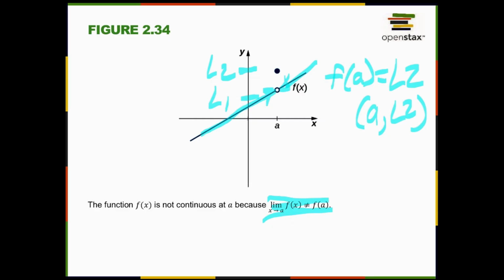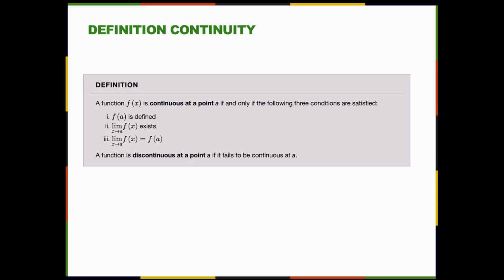So that's the third condition that we need to meet. The first condition is the value of the function has to be defined. The second condition is that both limits coming in from the left and the right have to be the same, so we don't have a jump. And now we have the third condition, so that the value of the function has to be equal to the limit. So now we have the official definition of continuity.